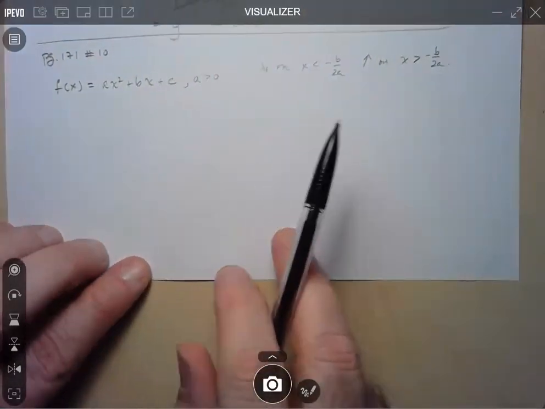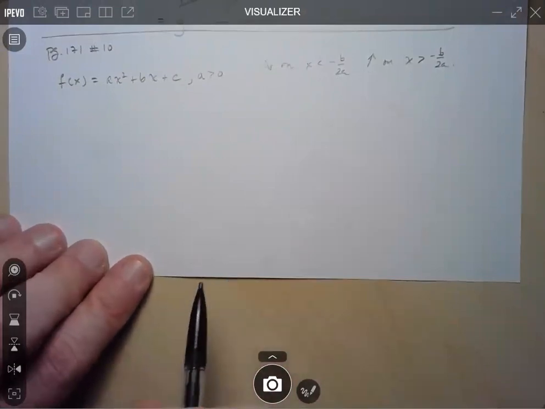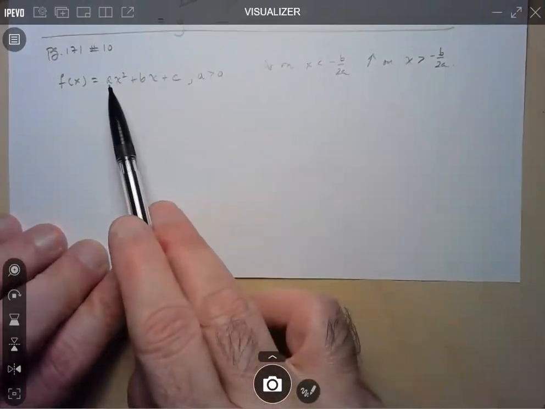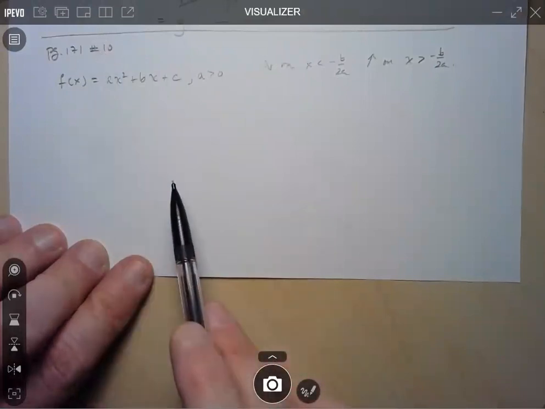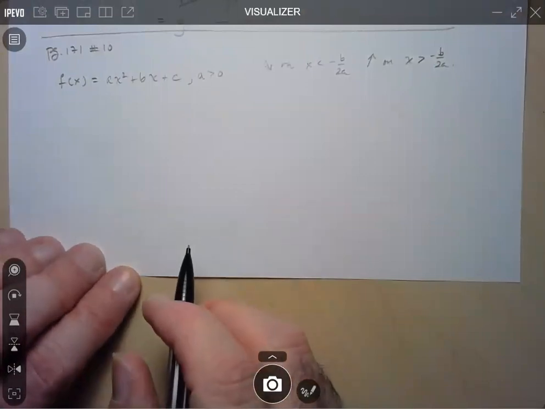Okay. I wonder what negative b over 2a is representing. I guess we'll see in a second. But given that the a value is positive, it makes sense that this thing is decreasing and then increasing. But of course, we need to show all these things.